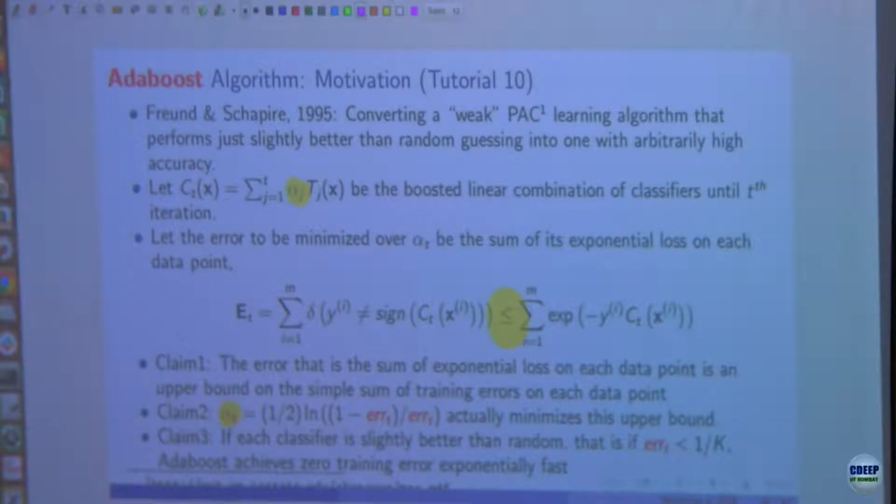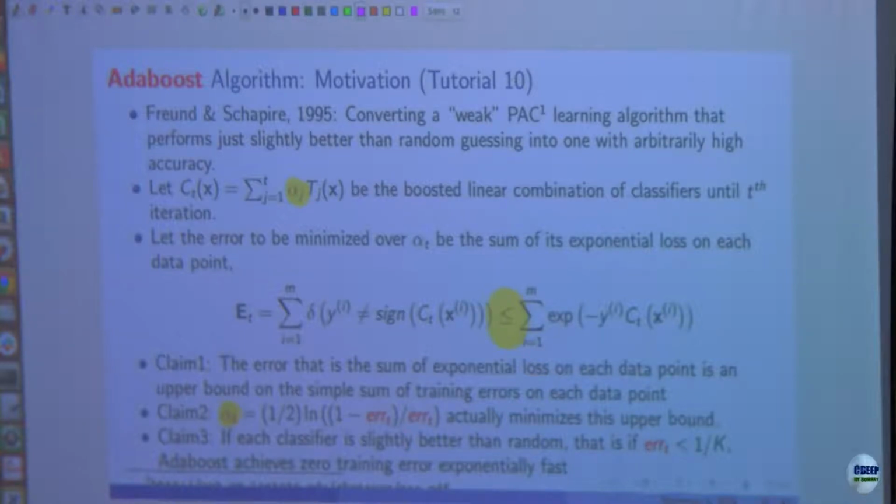I gave a hint that there is actually an upper bound loss to the sum of misclassification losses over individual examples of a weighted combination of the individual classifiers that AdaBoost is trying to minimize. So, we split the argument into 3 parts, and we will only do the first 2 parts.